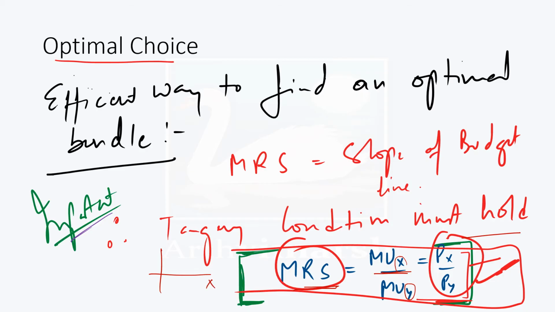Say you had a commodity combination of X and Y, so your ratio of the marginal utility of X to that of Y is equal to the ratio of the price of X to that of Y. So this is the condition for optimal choice.